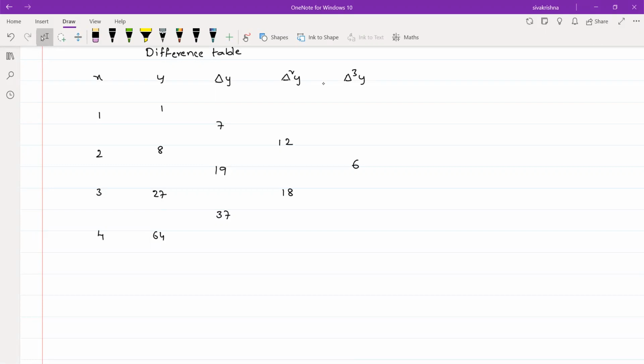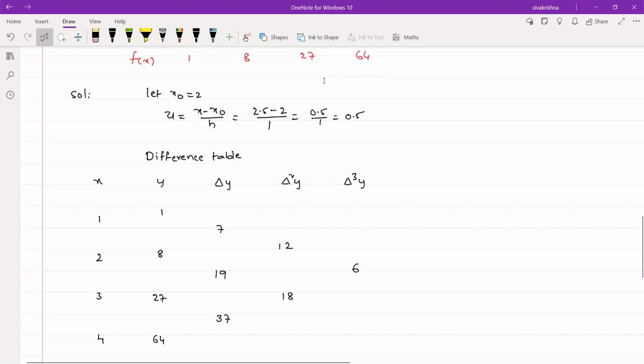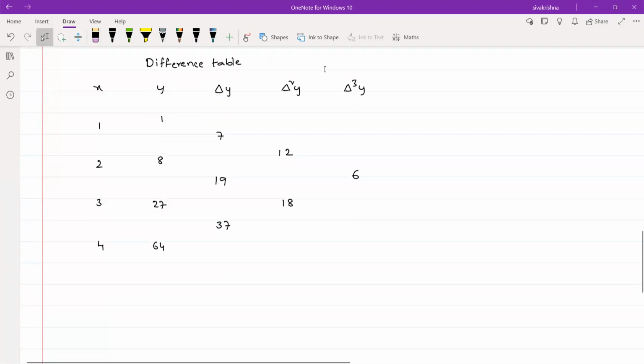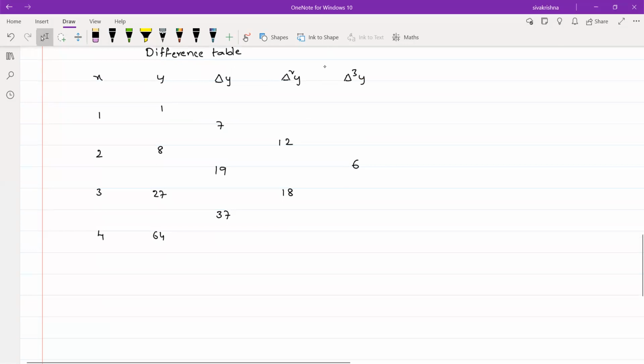Okay. So after finding the difference table, now we have to write the names in the difference table. Since we have chosen x naught as 2, here in place of 2 I am writing x naught. Whenever we have chosen 2 as x naught, the values below x naught can be treated as x1 and x2, and the values above x naught can be treated as x suffix minus 1.